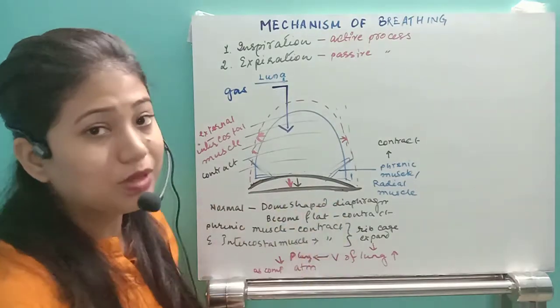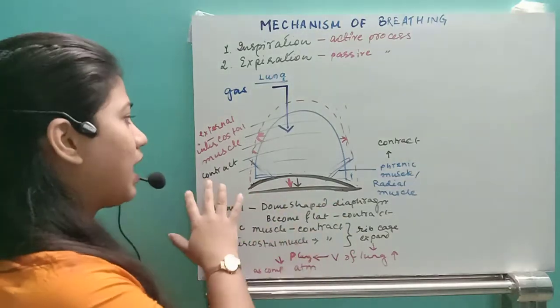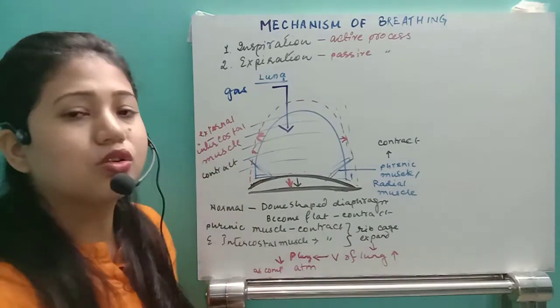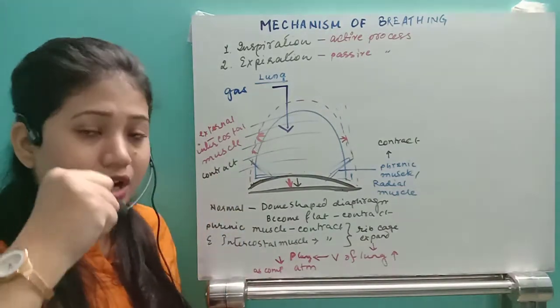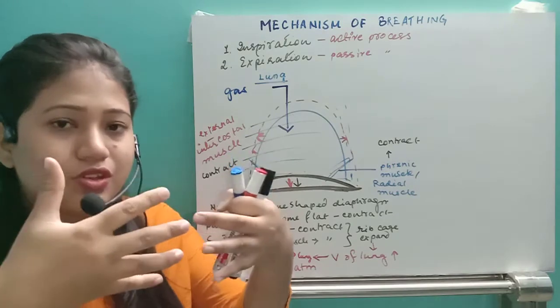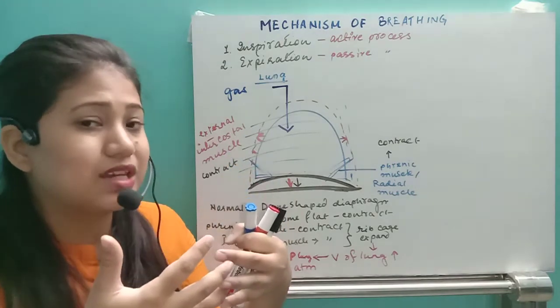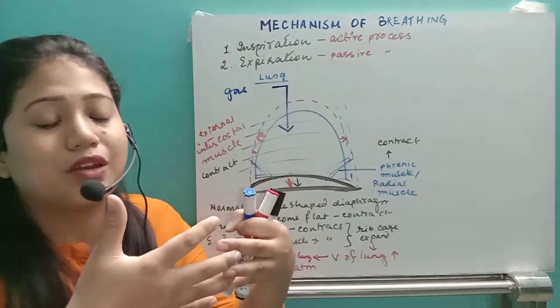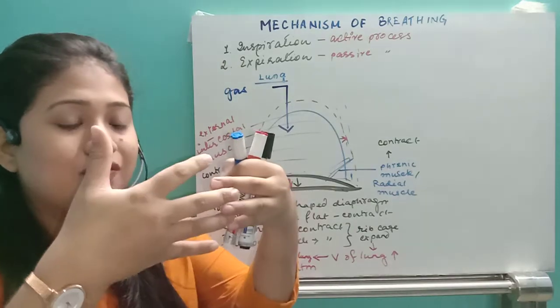Whenever the diaphragm gets flat, at the same time the external intercostal muscle will also contract. Suppose this is a rib cage; when the intercostal muscle contracts, the whole rib cage will elevate and expand.